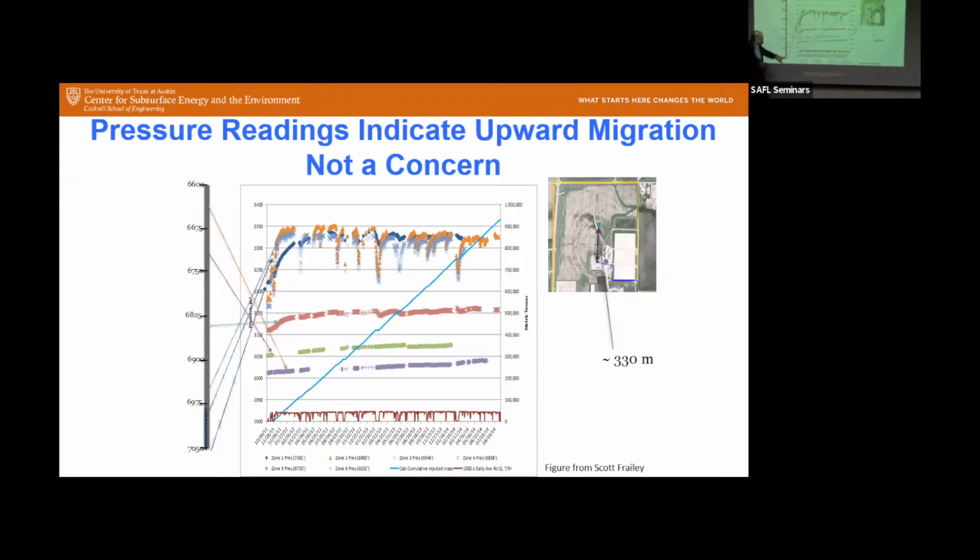Let's look right at these two or three readings of pressure. At the depth interval where we inject, we have a big increase in pressure. And then every time we turn off and on that CO2 injection system, we get these fluctuations. So it's directly responding, 330 meters away, to that injection. So there's a direct hydraulic connection there.